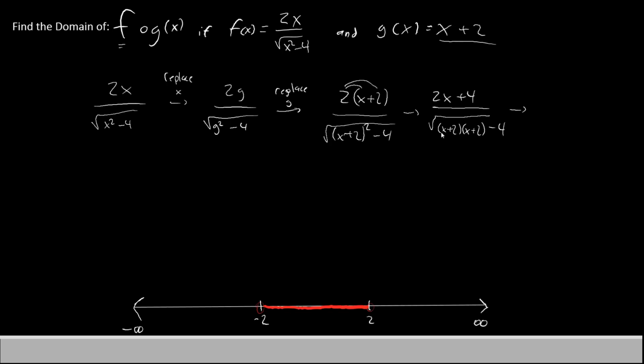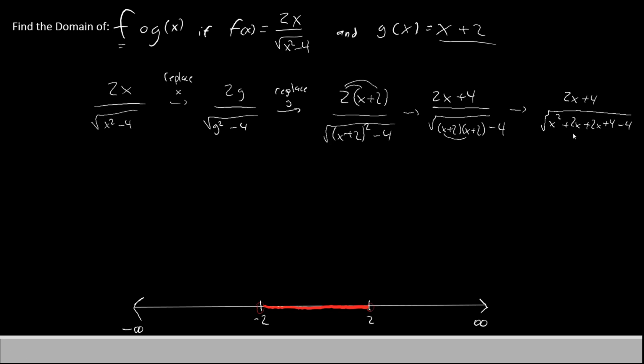So if we FOIL this out, we'll have x times x is x squared, x times 2 is 2x, another 2 times x is another 2x, and 2 times 2 is 4, and then we have a minus 4, and all of it is still under the square root with our 2x plus 4 on top.